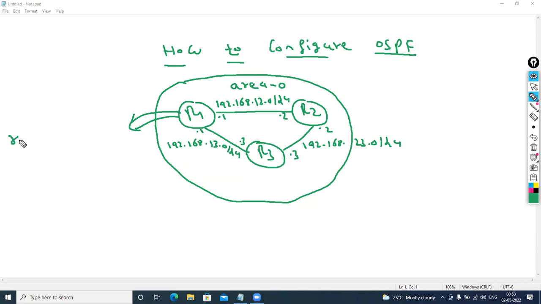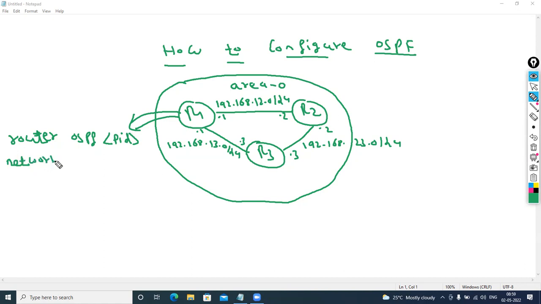So router OSPF. Like how EIGRP works on the ASN concept, OSPF works on the process ID concept. You need to mention the process ID. Then you need to advertise the directly connected networks.